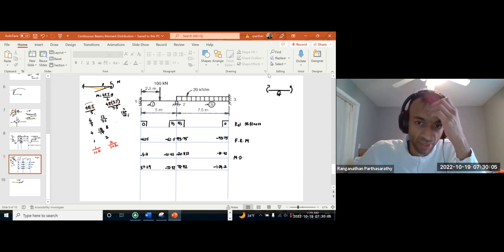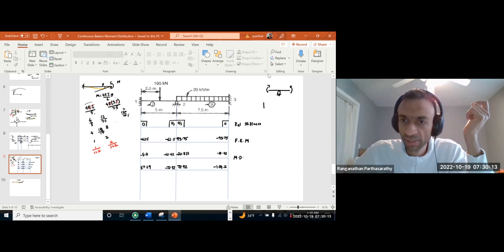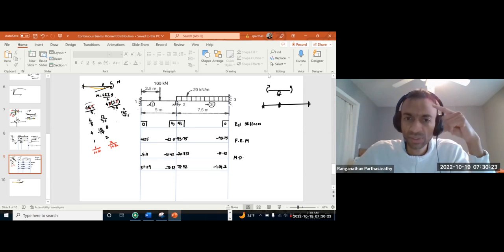But right now we have an unbalanced moment after we wrote the fixed end moments, which we expect because fixed end moment is for the case like that, that's fixed, but in reality that's not fixed. So essentially we imagine first that it is fixed, and then we say, hey, this is not fixed, so how to make it unfixed? I need to apply an equal and opposite moment to whatever moment is unbalanced here.